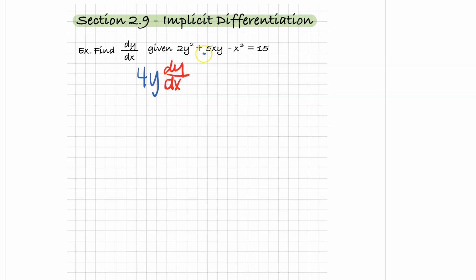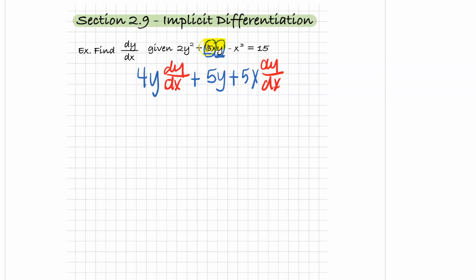Now the next one has 2 parts. It has a 5x and a y, so you're going to have to apply a product rule. Be careful that you're not doing this all in one swoop, taking the derivative of each piece, because that is a product, so product rule applies. So I'm going to say plus the derivative of 5x, which is 5, times y, plus, now you're going to move to that second piece, 5x, the derivative of y would be dy/dx.